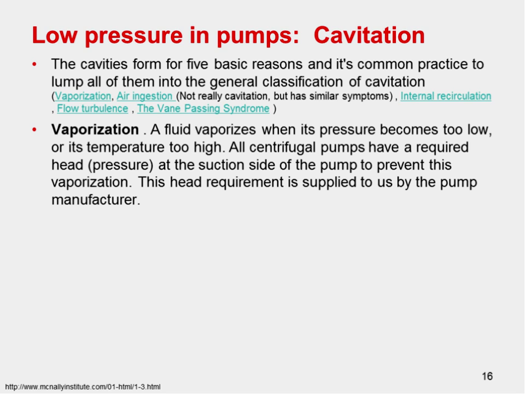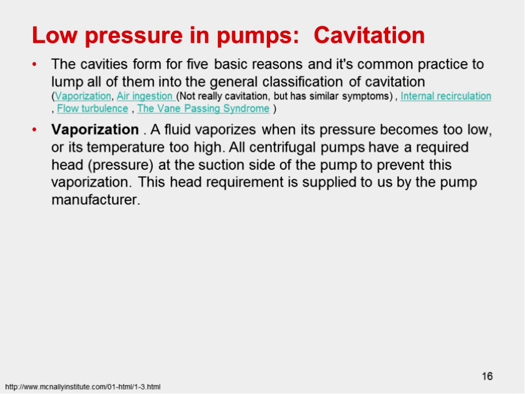So I just want to introduce you to a concept. I'm hoping that you will learn some more in hydraulic engineering. But remember how we talked about the boiling temperature, and how the boiling temperature depends on the pressure. So higher pressure, higher boiling temperature; lower pressure, lower boiling temperature. So if we have a pressure that's well below the atmospheric pressure, you'll form bubbles. It's as if the water boils.